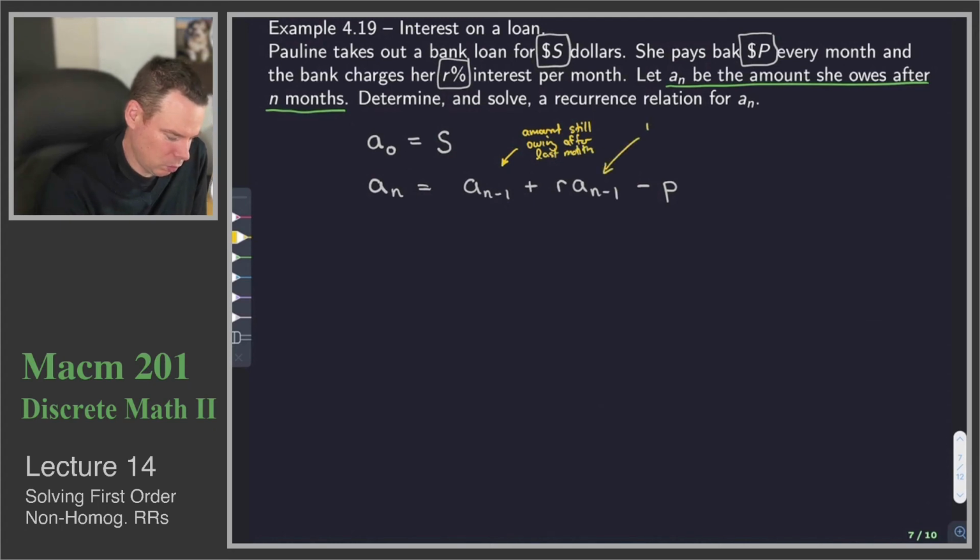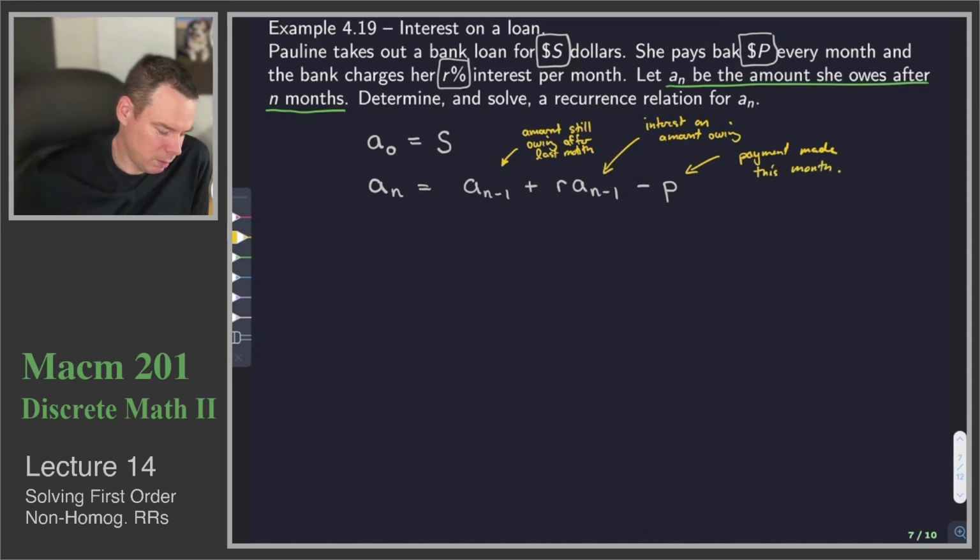This is the interest on amount owing. And this is the payment made this month. And now after n months, that's what she owes.